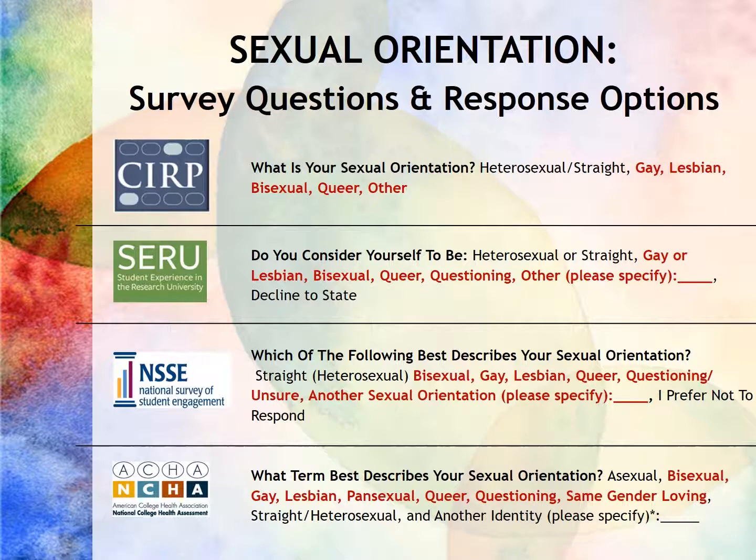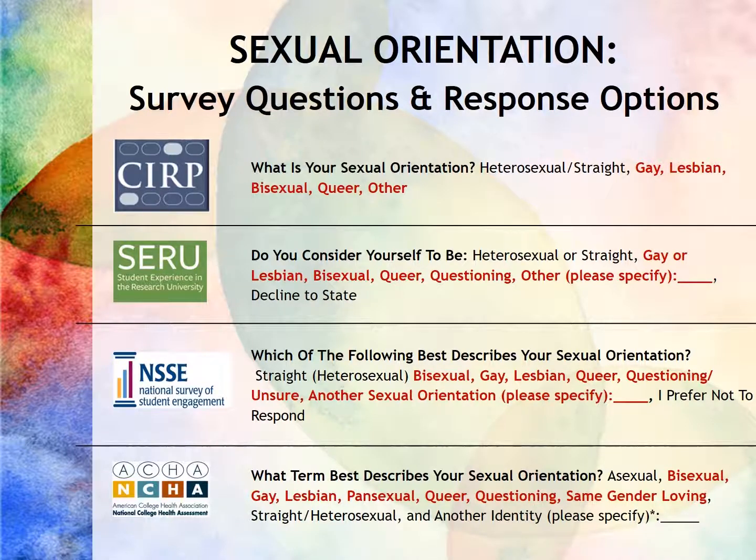Hi, this is Mary Hoban again. You may have noticed a couple of slides ago that the date listed for NCHA when we began collecting data around sexual orientation and gender identity was 2008. Truth be told, the survey initiated in 2000, and we did have a question then.